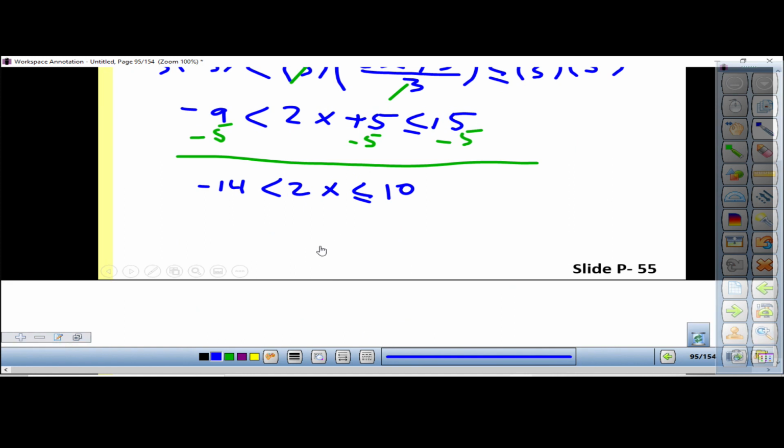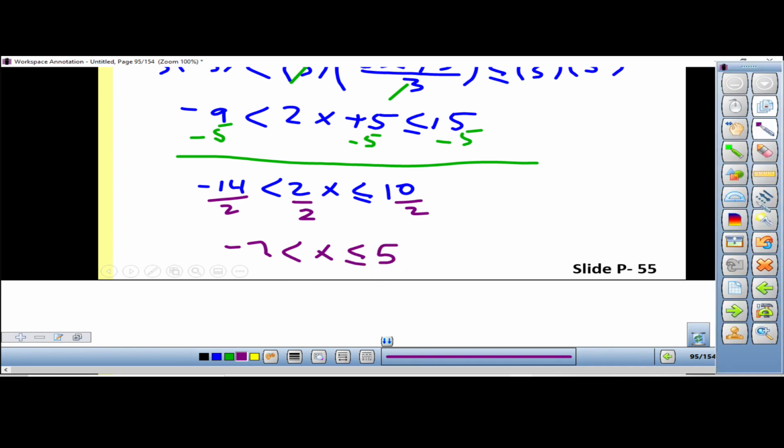Okay, I just needed 1 x. Sure. Divide by 2. How many sides? Tell me in the chat. How many sides? Hello? Yes! All of them. All 3 sides. So I've got negative 7 less than or equal to x less than or equal to 5.